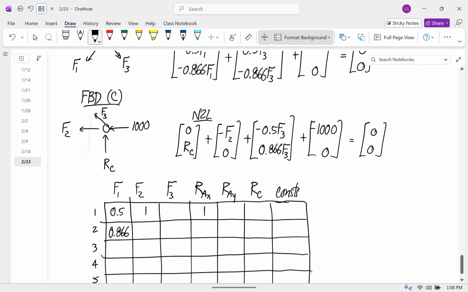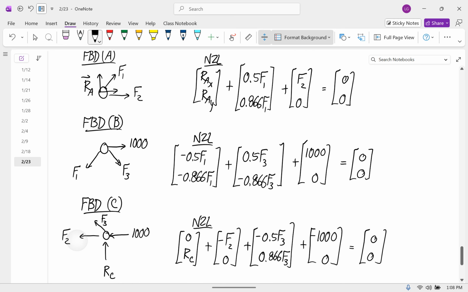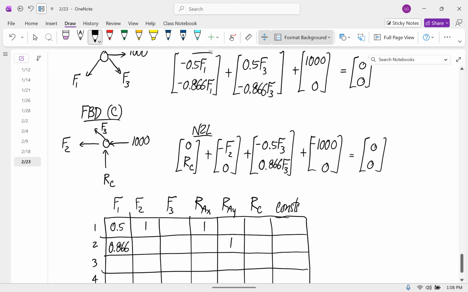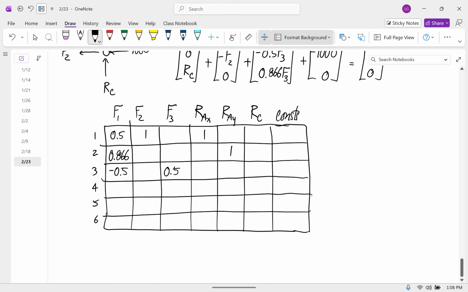And then for RAY, we have 1. For equation 3, F1, we have negative 0.5. F3, we have 0.5. The constant, when you get it over to the other side of the equation, is negative 1,000.